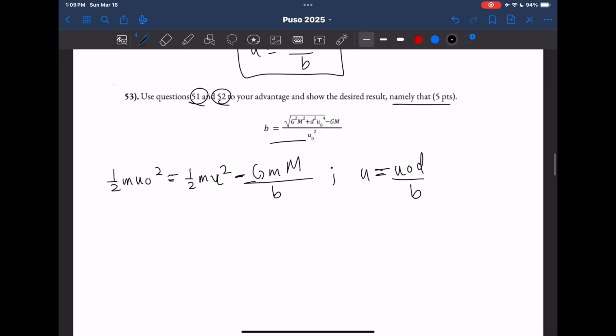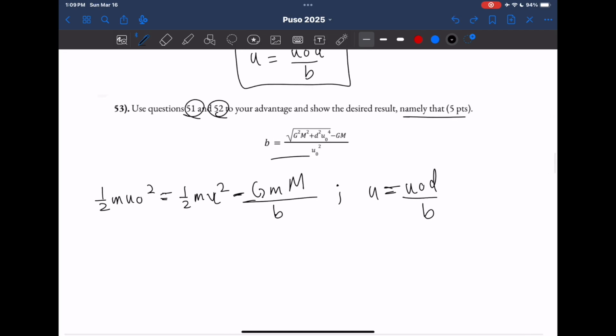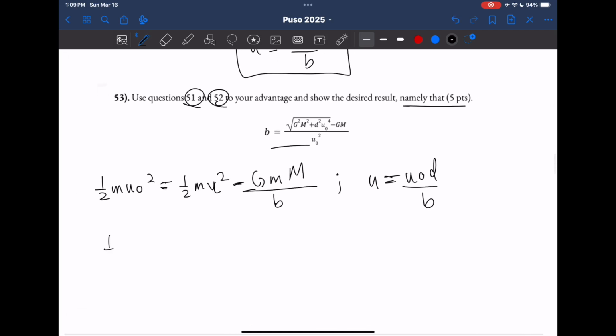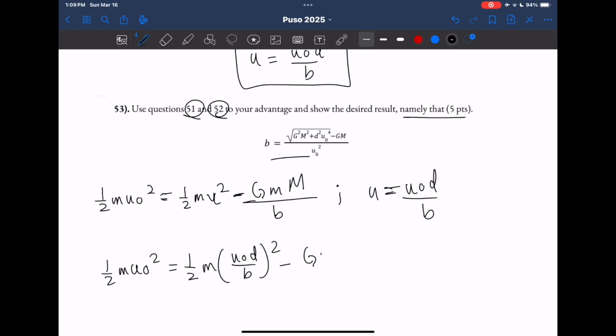Okay, so maybe what I want to do is, we see that our answer has a lot of u naughts. So that suggests to me that we want to be getting rid of our u's. So instead, we're going to substitute out for this u right here. So 1/2 m, u squared, which is u naught d over b squared, minus g m over b.